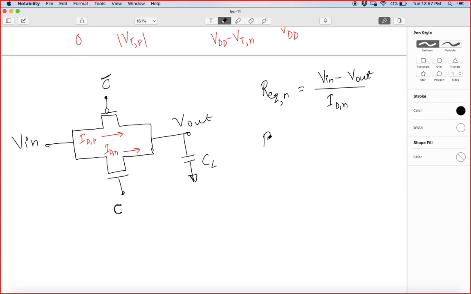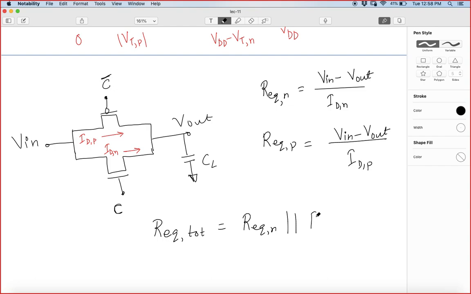Similarly, R equivalent P will be nothing but Vin minus Vout over IDP. We can easily find out that R equivalent total is nothing but R equivalent N parallel R equivalent P, right?